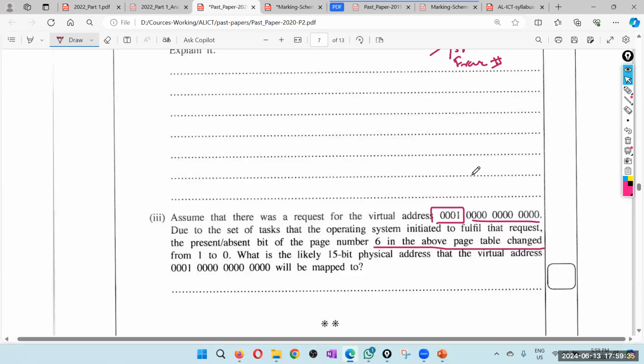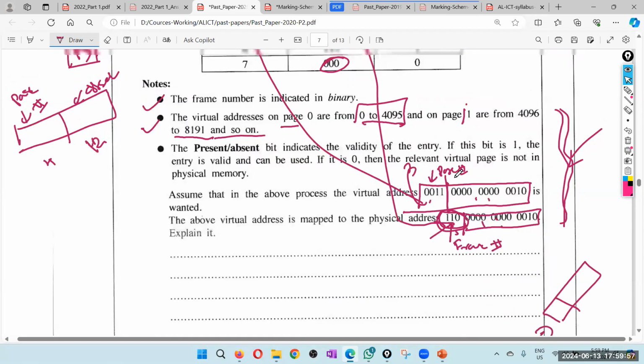Right? So the operating system got a request from software or the running programs to translate this virtual address or logical address to the physical address. So while the operating system is doing that, the question says the present absent bit of the page number 6 changed.